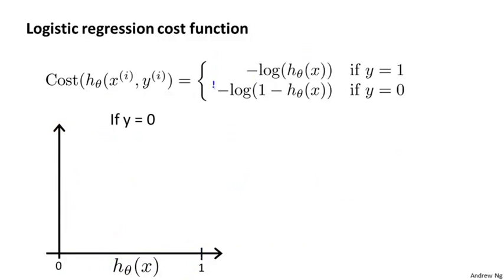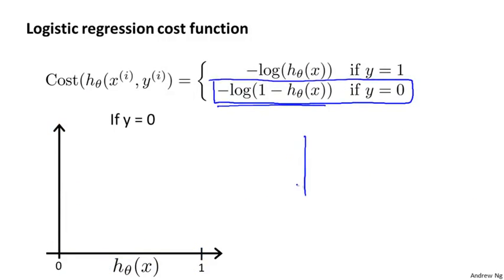If y is equal to 0, then the cost looks like this. It looks like this expression over here. And if you plot the function minus log 1 minus z, what you get is the cost function actually looks like this. So it goes from 0 to 1, kind of like that.